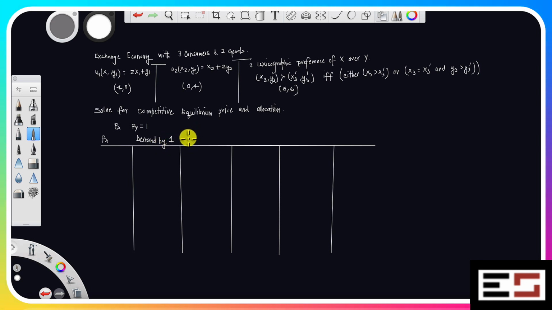This is the demand by consumer 2. And this is the demand by consumer 3. And this is the total demand for x. Here we are going to compare it with the supply of x.